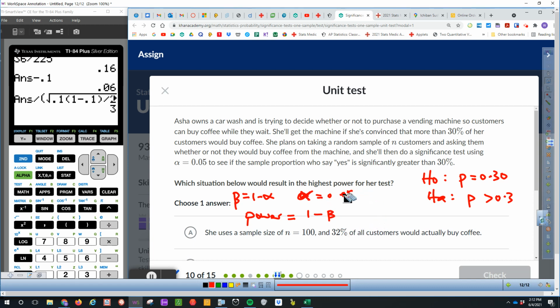So in this case, if we want the highest power, we need a low beta. If we can make beta as low as possible, then the power will be as big as possible. But then if beta is 1 minus alpha, which means if I need beta low, I need alpha high. So let's look at what the options are.